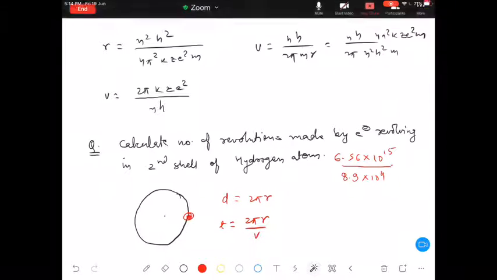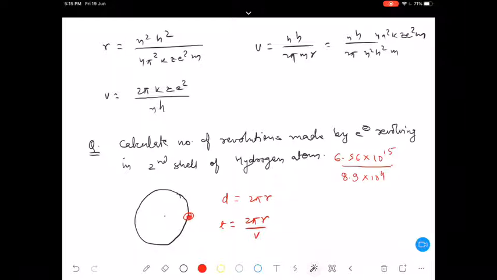No, beta, it is a very, very small number. The electron is revolving with very high velocity, and the distance it travels is very small. So the number will be coming out very large. Let's see first. So basically for time period, this is time taken for one revolution.